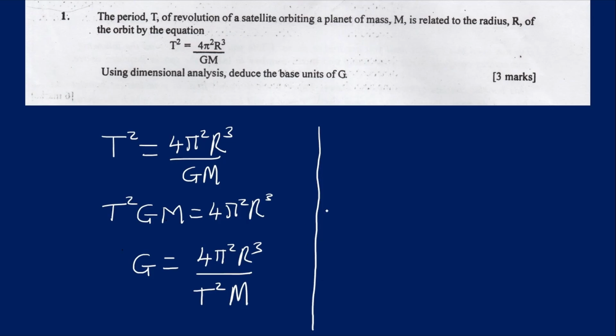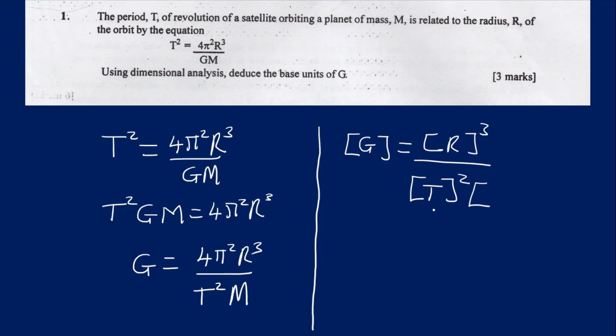And since we are using dimensional analysis, we have to know the dimensions of G. So the dimensions of G will be the dimension of r cubed, since 4 pi squared are constants, so we are not going to concentrate on that, divided by the dimensions of T squared and the dimensions of m.